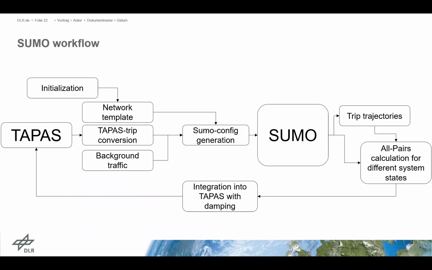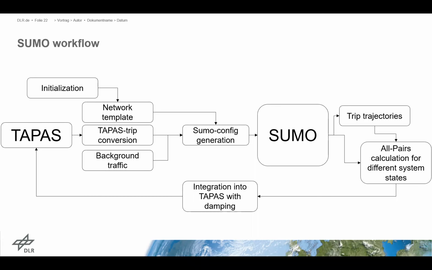So how does it work in detail? First, you start from the left point. You start with TAPAS. TAPAS gives you some TAPAS trips, as you've seen in the last slide, and perhaps you get some background traffic, or no background traffic if you don't have it. We usually take this from our commercial traffic department, which tells us how many commercial trucks and delivery cars are going through Berlin.